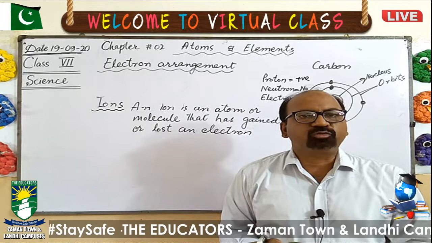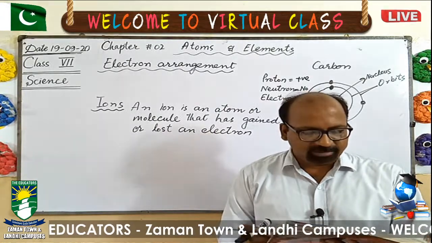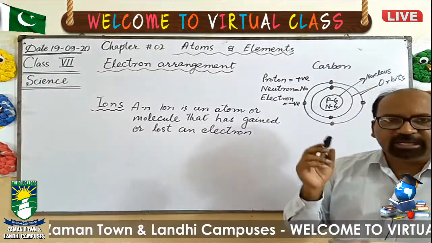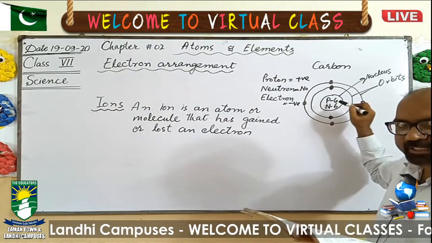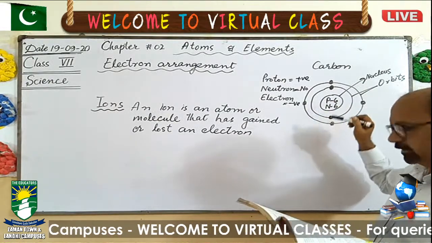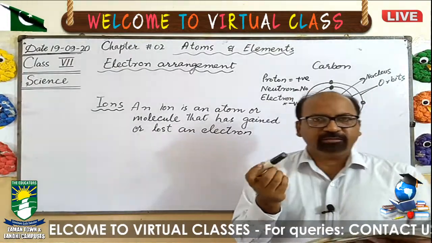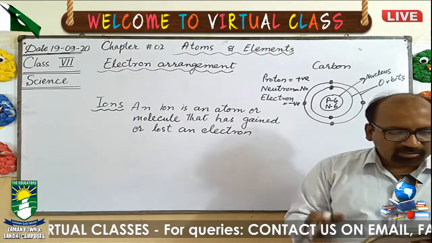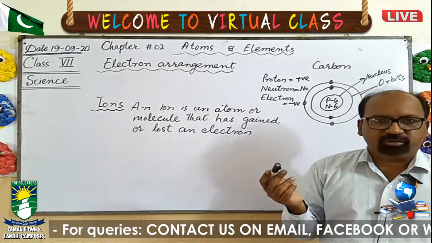These are the first 20 elements placed in the periodic table, and the number of electrons depends on the number of protons present inside the nucleus. As hydrogen has only one proton, definitely it will have only one electron.